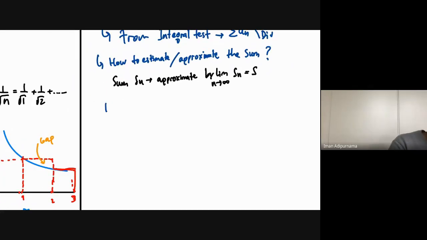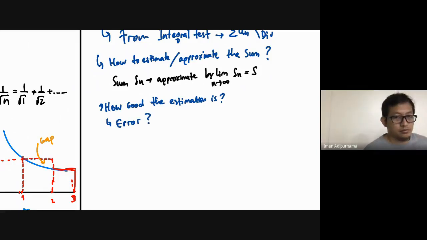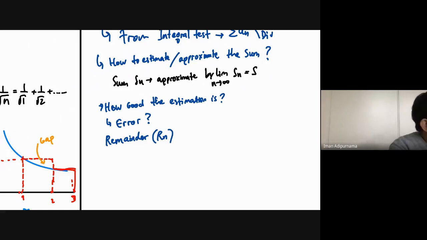Now the question also arises: how good is the estimation? In this case, we are talking about the error. In the series, the term for the error is usually the remainder. It's the same name as in polynomials, where you have a remainder.